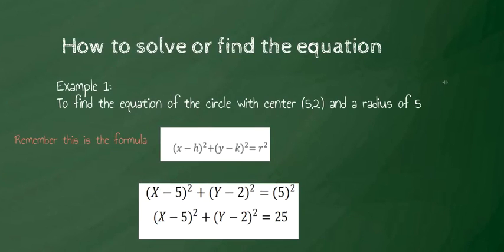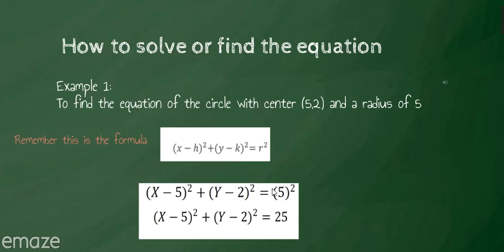The first example says to find the equation of a circle with center (5, 2) and a radius of 5. Remember, this is the formula: h and k is the center and r is the radius. So, I put in the correct order the center and the radius of the circle in the equation, and I have (x - 5)^2 + (y - 2)^2 = 5^2.